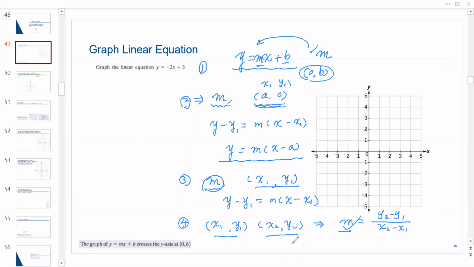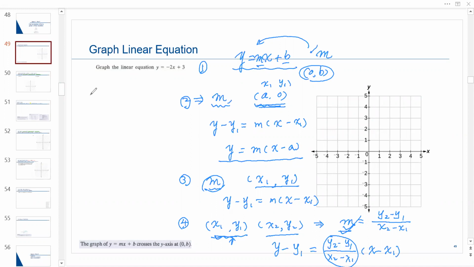Suppose we pick the first dot. We know the slope and the first dot, so we get y minus y1 equals m(x minus x1), and we replace the values with these. Did you get it? So you find the slope first, then pick one dot, and you get this.